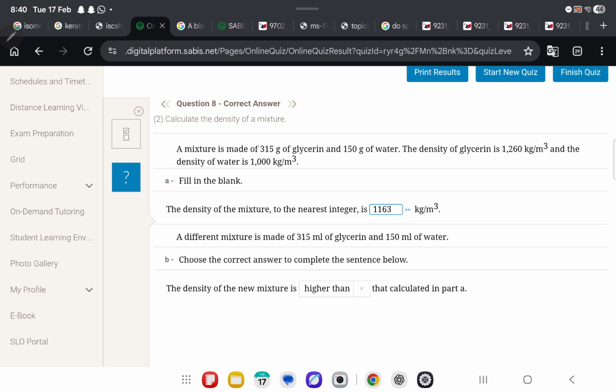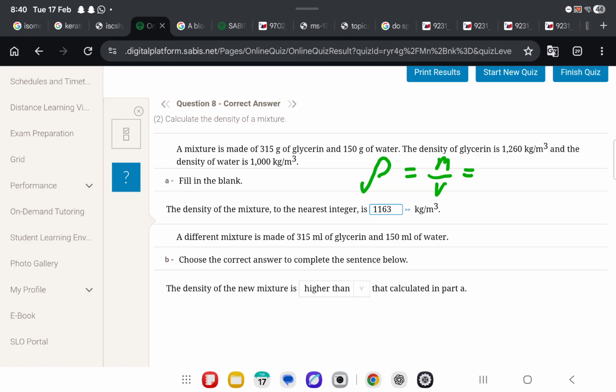Now, how do we find this number? You know that density is mass over volume. So this is for one substance. How do you find it for more than one substance? Logically, it would be intuitive to say that it's going to be the sum of the masses over the sum of the volumes, because it's essentially mass plus mass over volume plus volume.